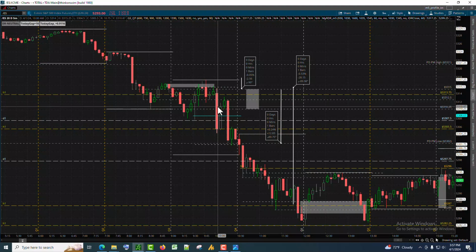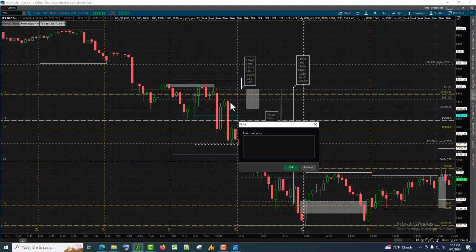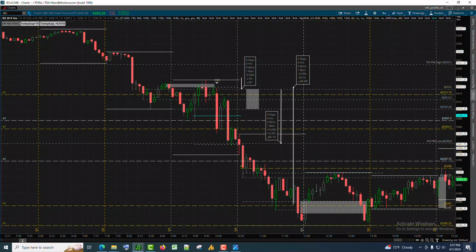I think 10, which is the time alignment, at 10. So right here we go early entry at 9:45, or we wait for 10. We can go in at 10. We sell.